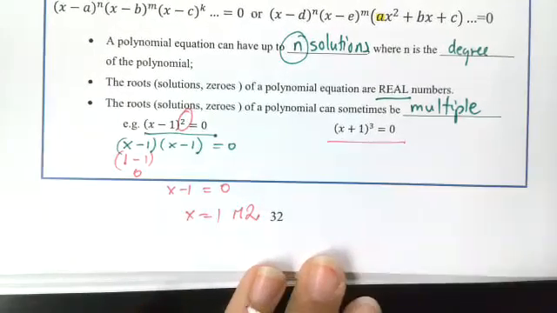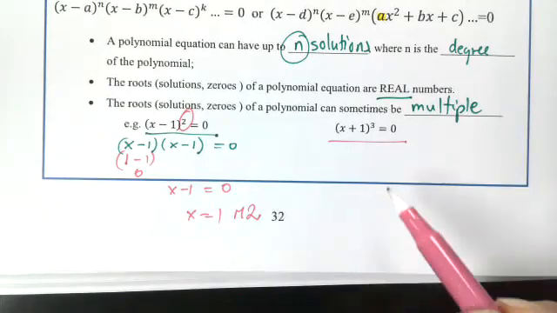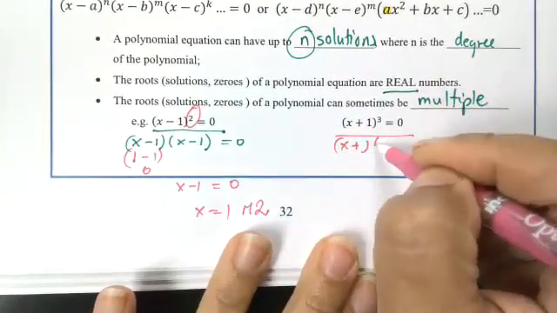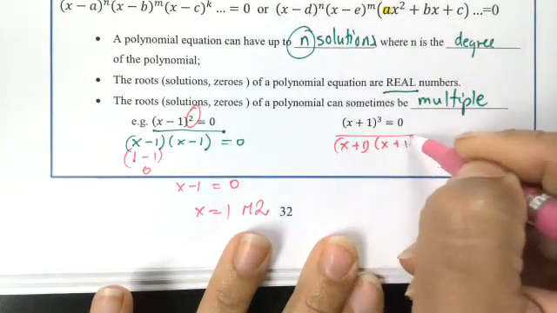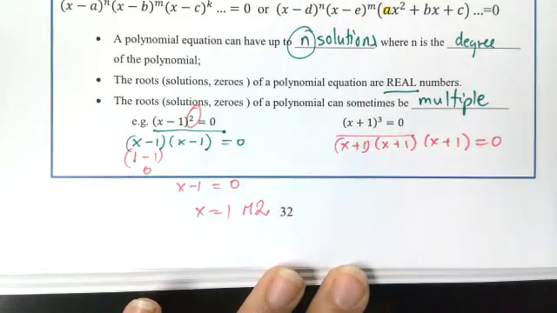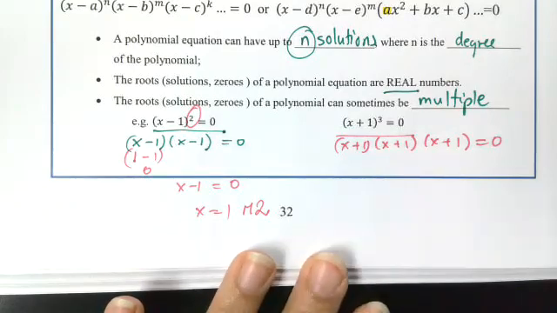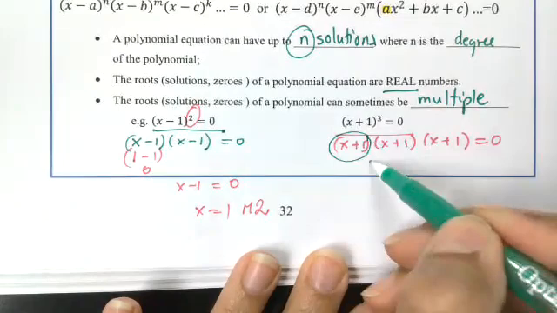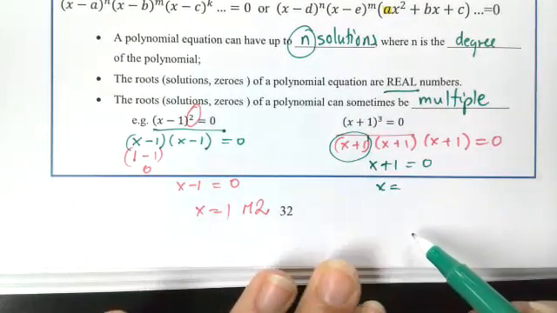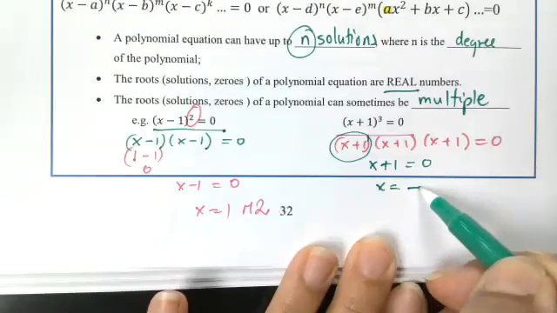And in this example here, when you have a cubic, (x + 1)³, this is (x + 1)(x + 1)(x + 1) = 0. That's what cubing means. Then you can just take the first one here, x + 1 = 0. What is x equal to? Negative 1.